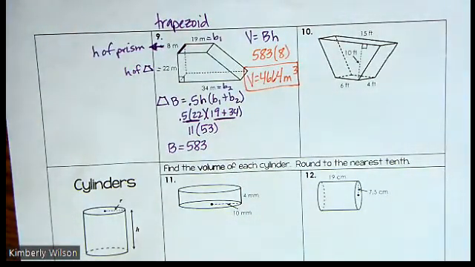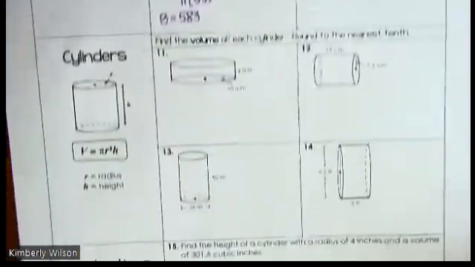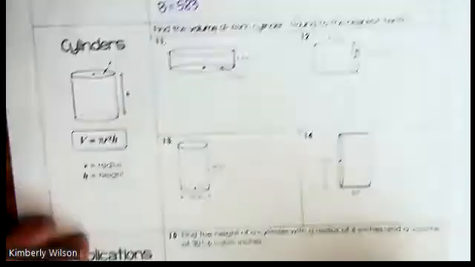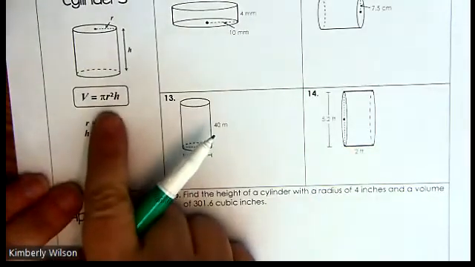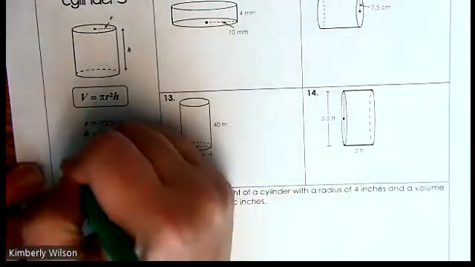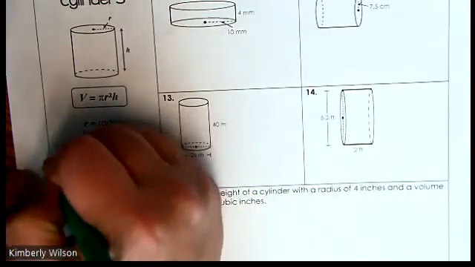Now we're going to talk about cylinders, which pretty much is the same thing. It's just, what's my base shape? A circle. So I'm doing the same formula. Okay, because, well, you see something different here, but wait a minute. How do I find the area of a circle?